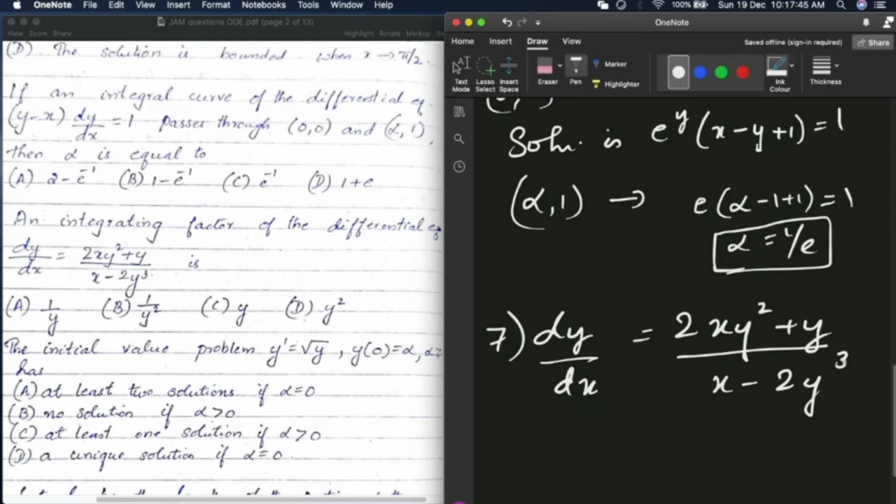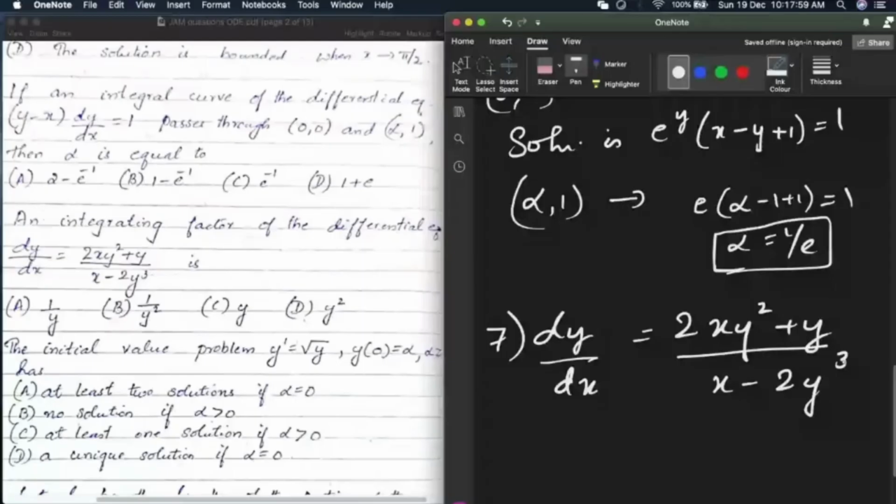You can just multiply, but multiplying and checking whether it is exact will definitely take more time. So you can use any of the techniques that I've given. Normally we go in the order which I've given, that would be the easiest way. Homogeneous you can identify, but this is not a homogeneous differential equation. So definitely you have to go to any of the other three methods which I've given you.